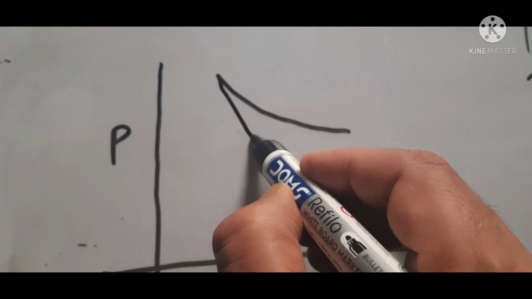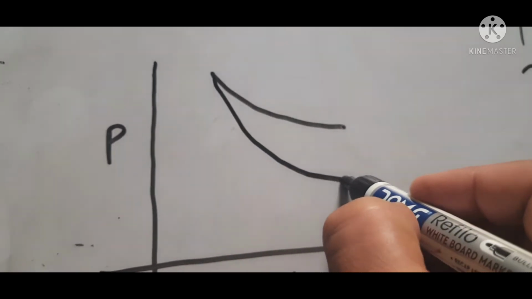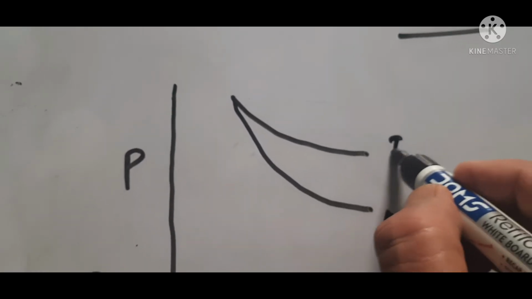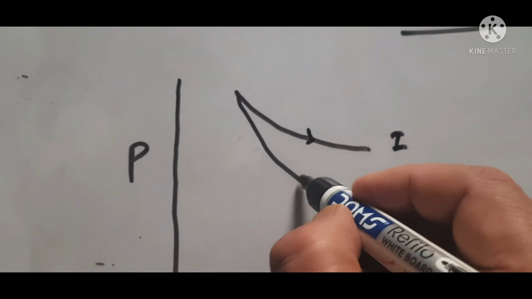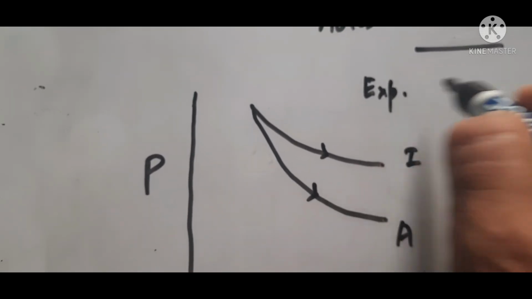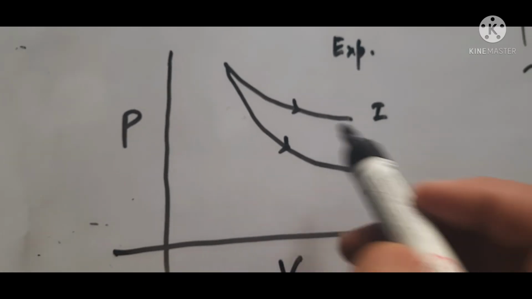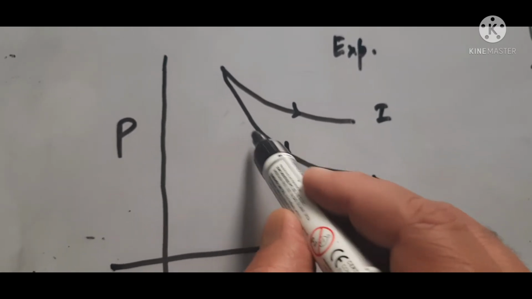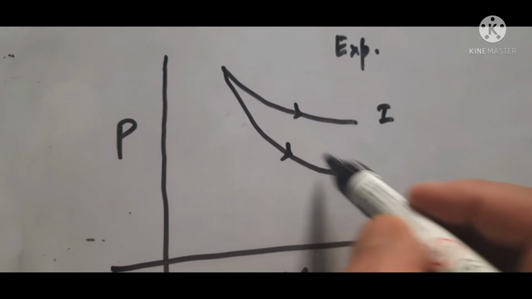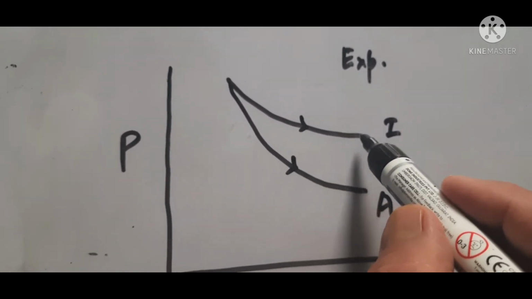And this is your adiabatic, which has more slope. This is your adiabatic, this is your isothermal. This is for expansion. Here the slope is more, here the slope is less. So for adiabatic, more slope. For isothermal, less slope.